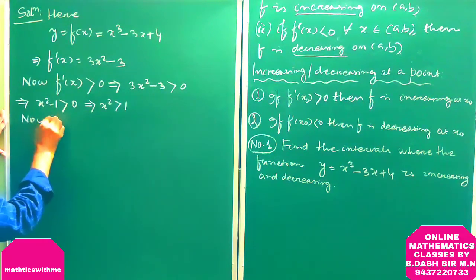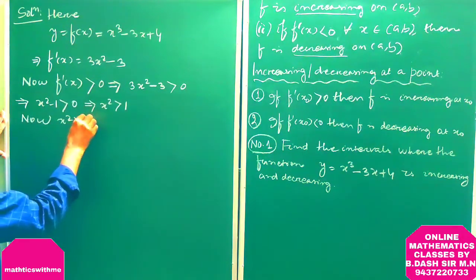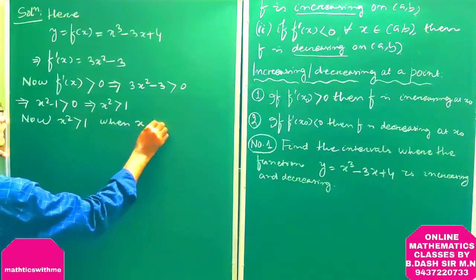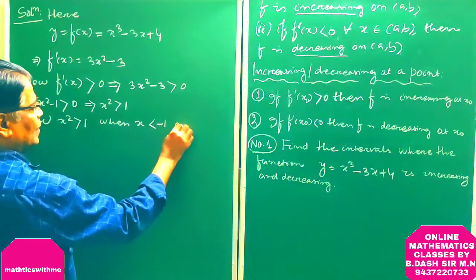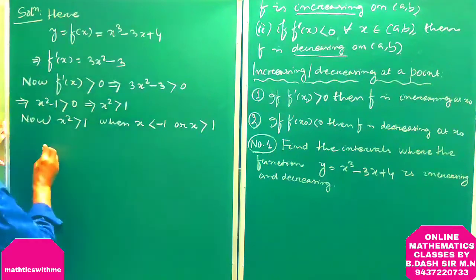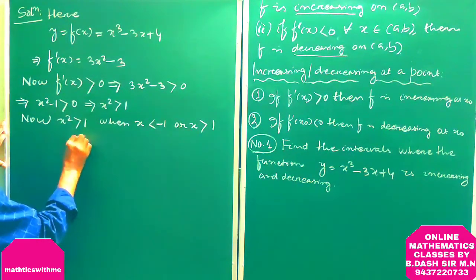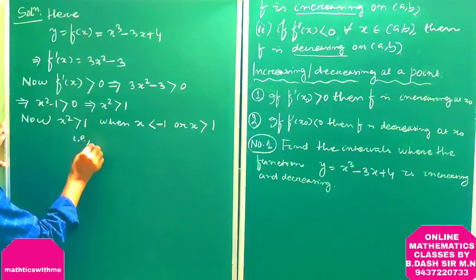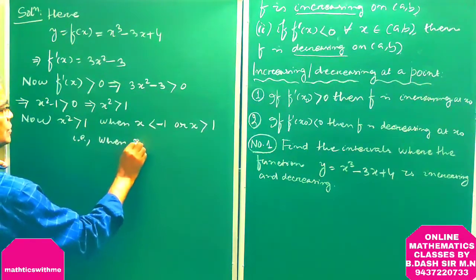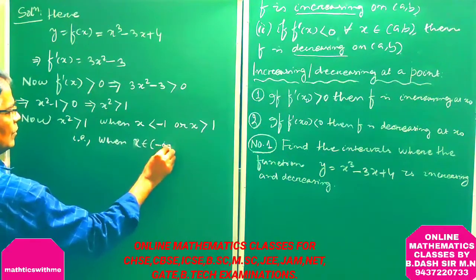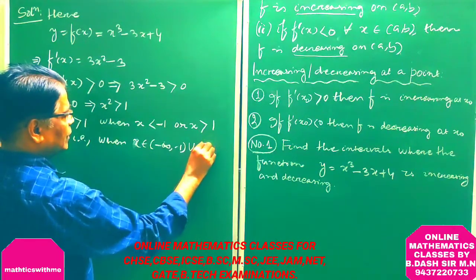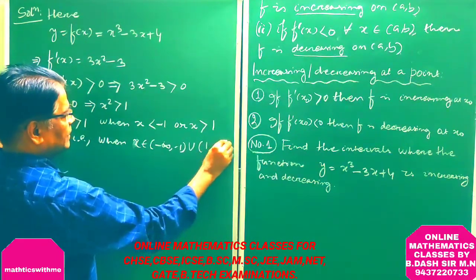Now x^2 > 1 when x < -1 or x > 1. That is, when x belongs to (-infinity, -1) union (1, infinity).